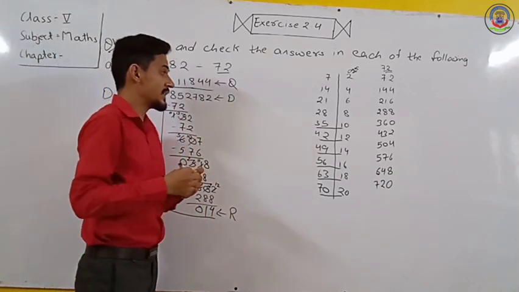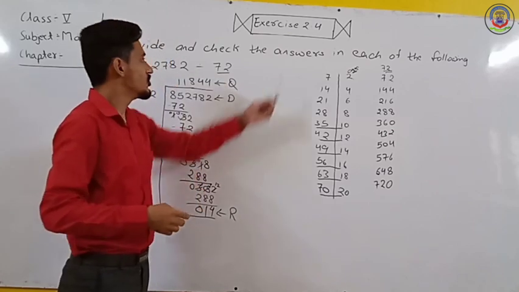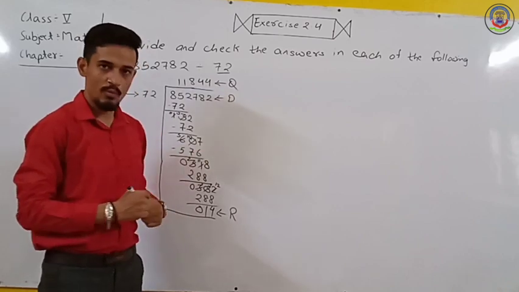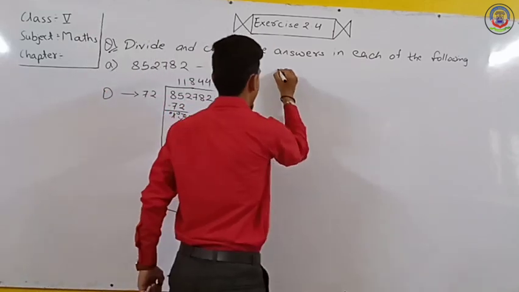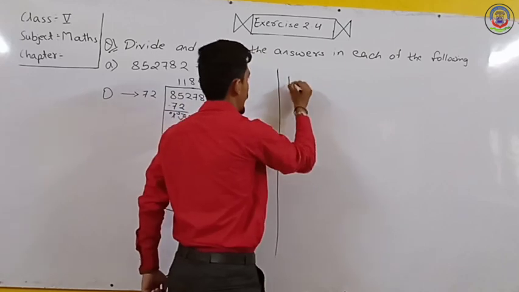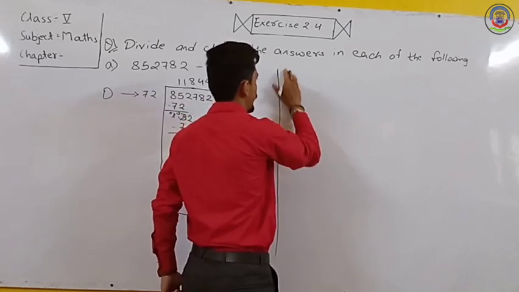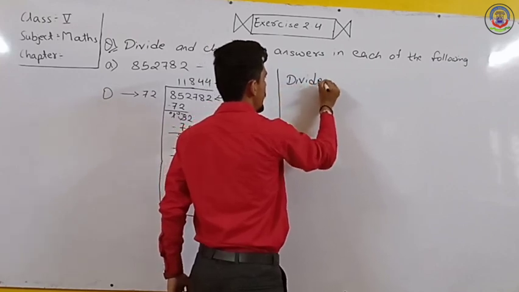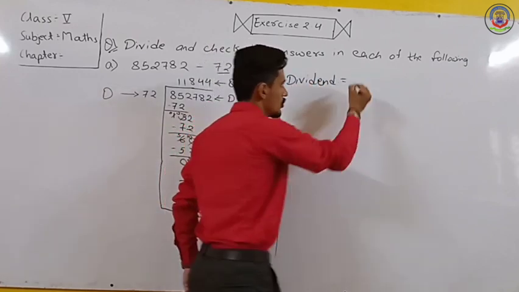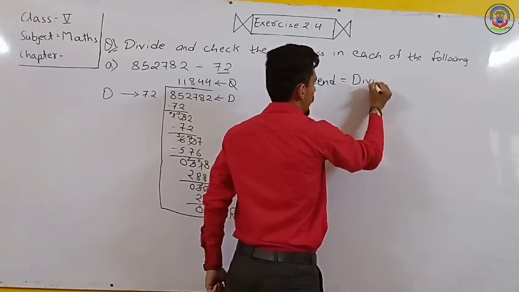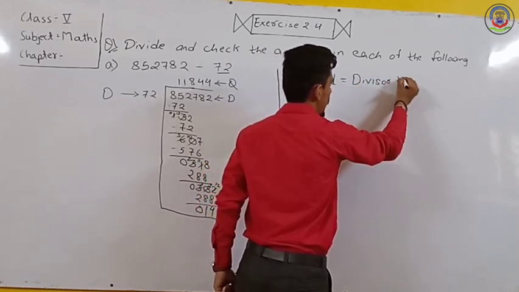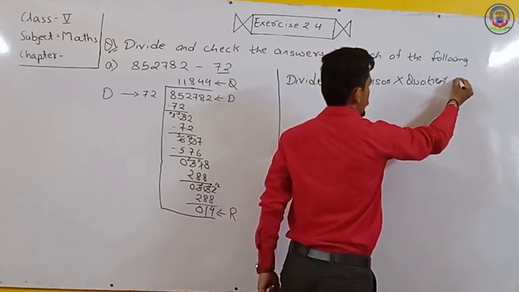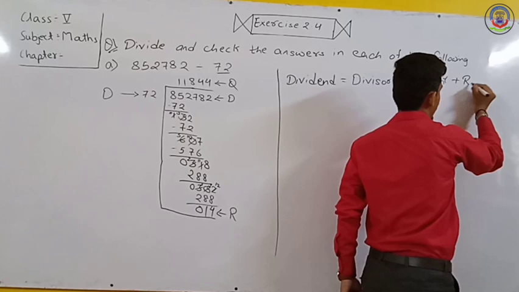Now let's see how to check the answer. To check the answer, we have a formula: dividend equals divisor multiply quotient plus remainder.